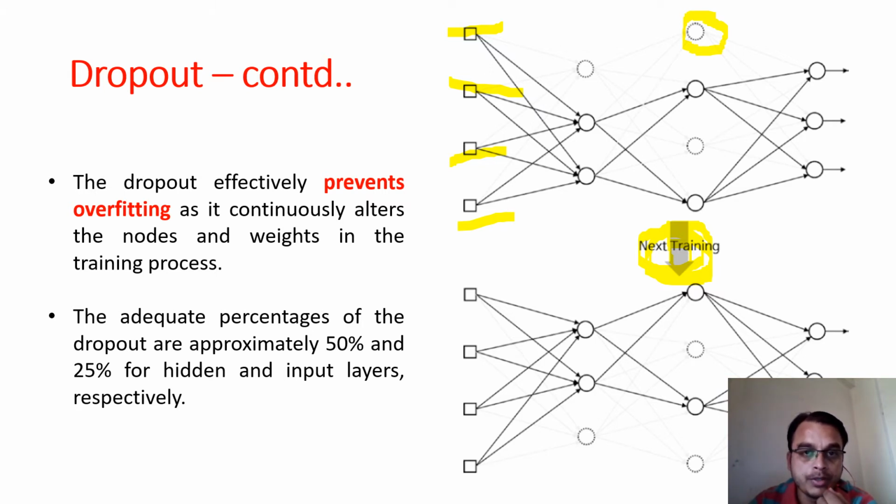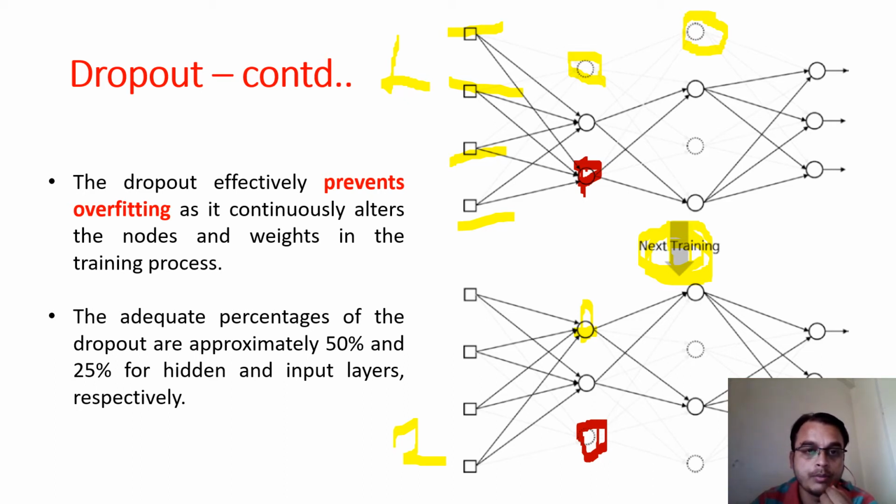So this is my first iteration, this is the second iteration. In my first iteration, if I drop this node, probably in the second iteration I will consider this node, and I will drop the previous node over here. Okay, so dotted are the dropped nodes. In this way we drop a few nodes.